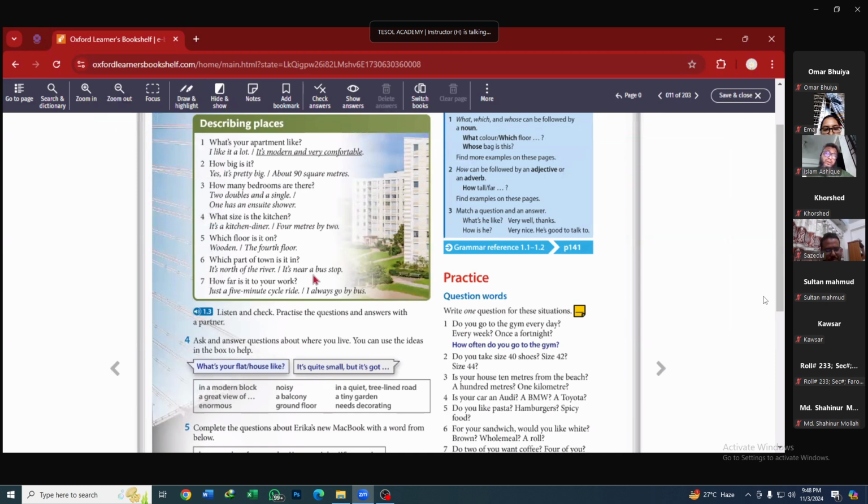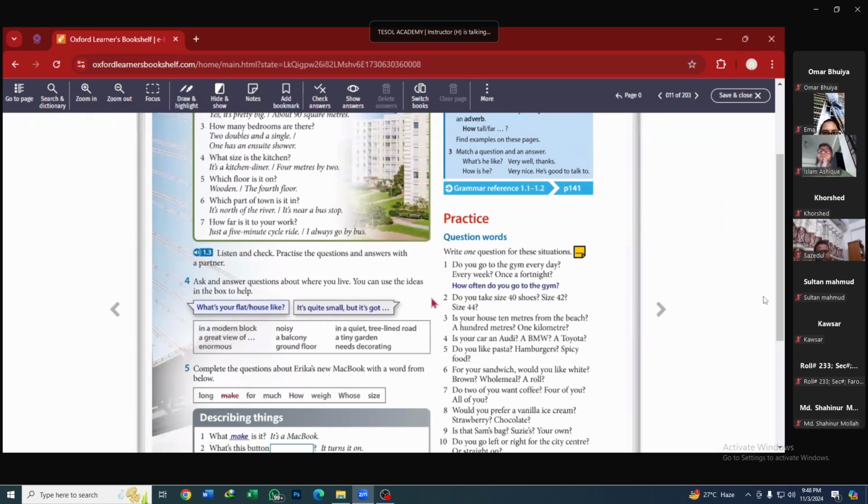Now that we have an idea how we can ask about getting some information about a place, specifically a home, and how we can answer the questions appropriately, we will move on to our next activity, that is our fourth activity.